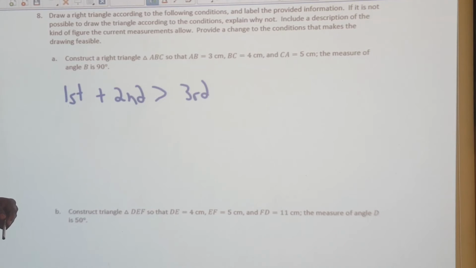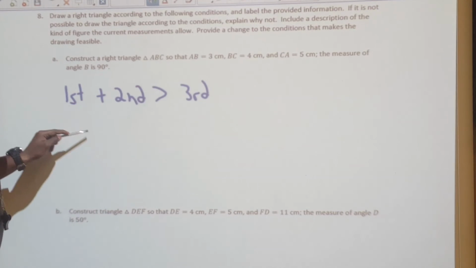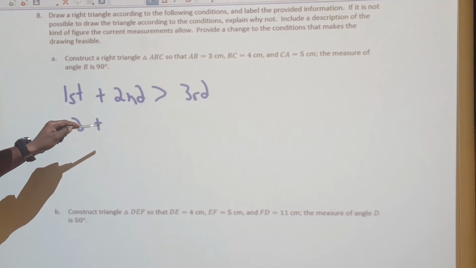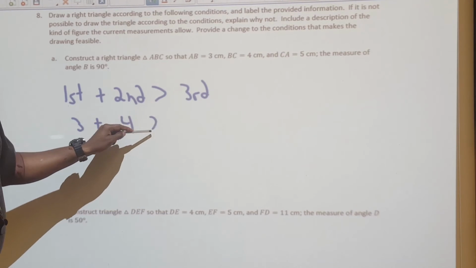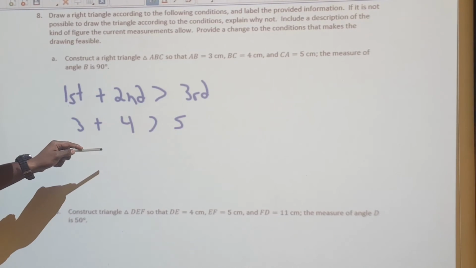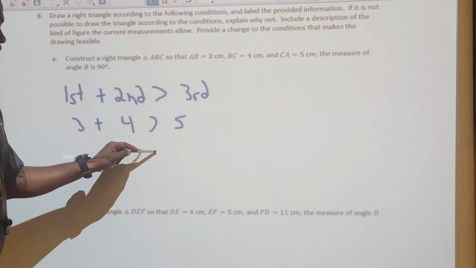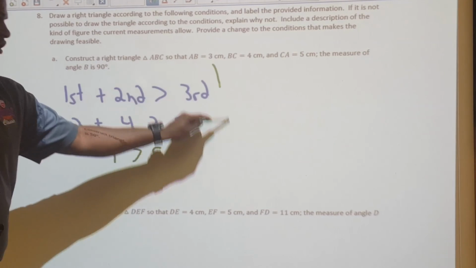The first side is 3 plus 4, which should be greater than 5. 3 plus 4 is 7, greater than 5. That's true. So we can construct this triangle.